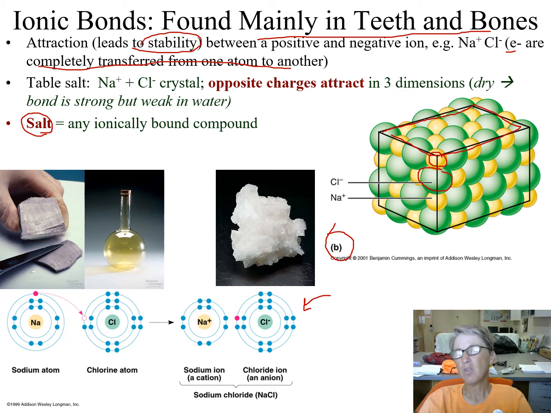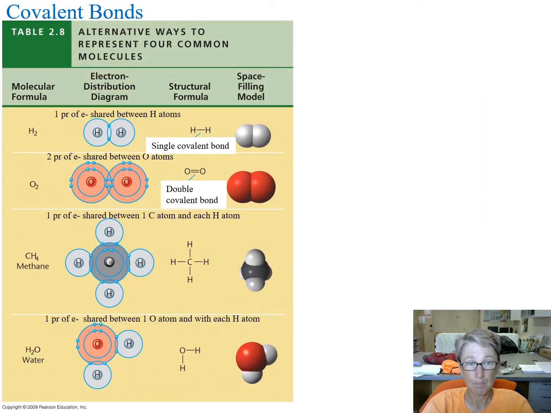The key to looking at this cartoon is you don't have a bunch of negative chloride ions all inhabiting one area, because like charges, a negative charge and a negative charge, will repel each other. So you're going to have this nice formation where the negative charges and the positive charges are as close as they can be to each other. Okay, so that was an ionic bond, our first bond in anatomy and physiology to talk about.